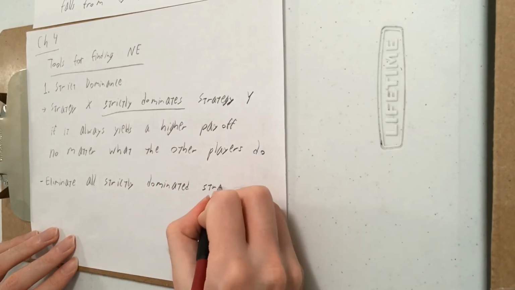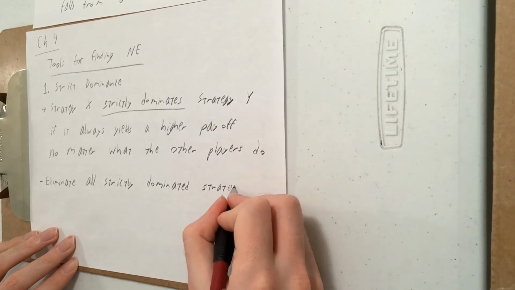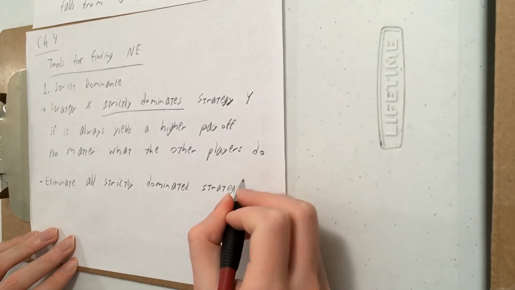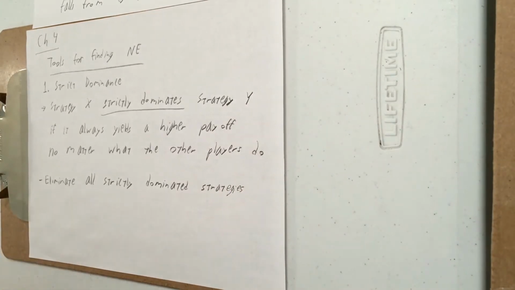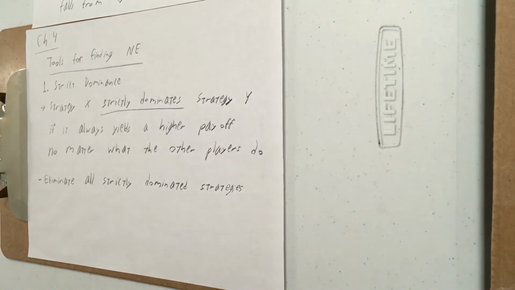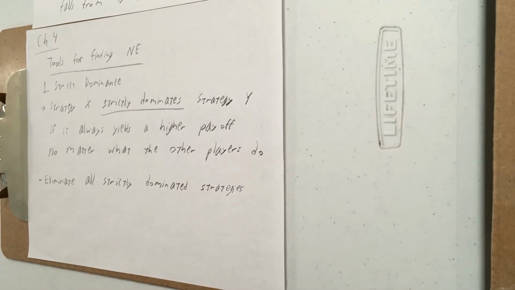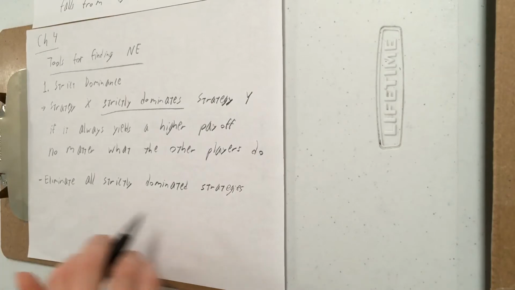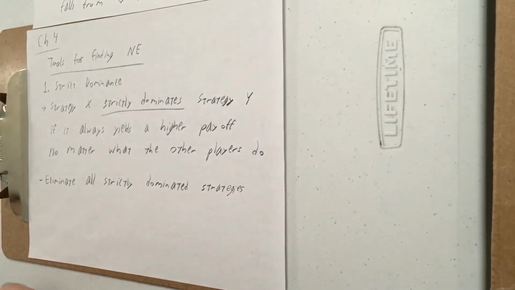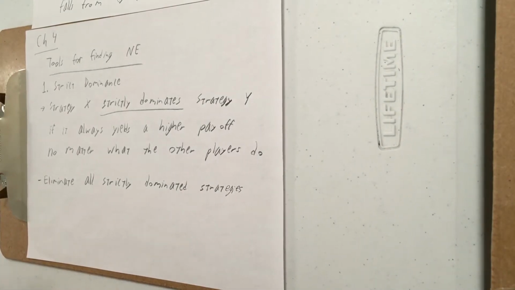Now, to be clear, after you've eliminated the strategies that are dominated, the strategies that remain might or might not be a Nash equilibrium. If there's only one outcome left, that's the Nash equilibrium. But sometimes there are some strategies that survive the elimination process and they aren't necessarily equilibria.